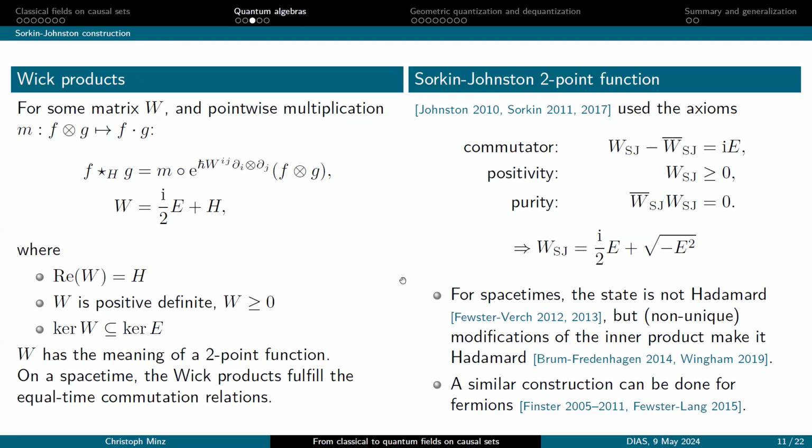And so just to clarify, you're saying that this Sorkin-Johnston state is not Hadamard. Yes. How different from Hadamard is it? It's essentially failing to be Hadamard on the boundaries of the space. So they have looked at static slabs. Locally in the interior, it is Hadamard.